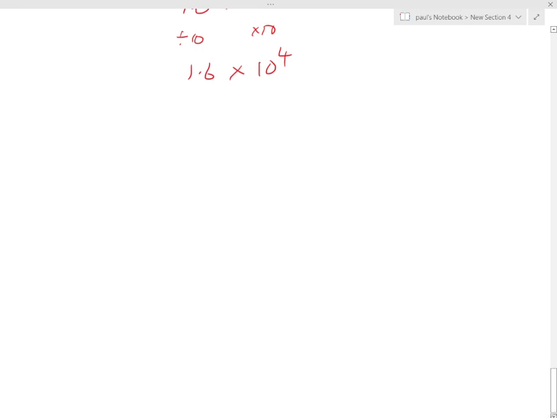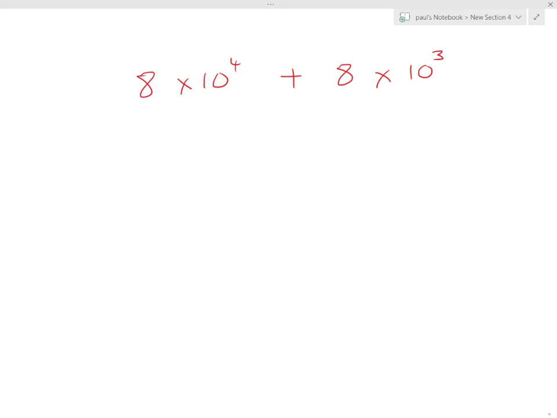So now we'll do a different one where we're adding. We'll do 8 times 10 to the 4 and 8 times 10 to the 3. See, these are not the same now, the indexes. So we've got to make them the same. Pick on the small one. I'm going to make that 10 times bigger, times 10, to make that 10 to the 4, then it's the same as this one.